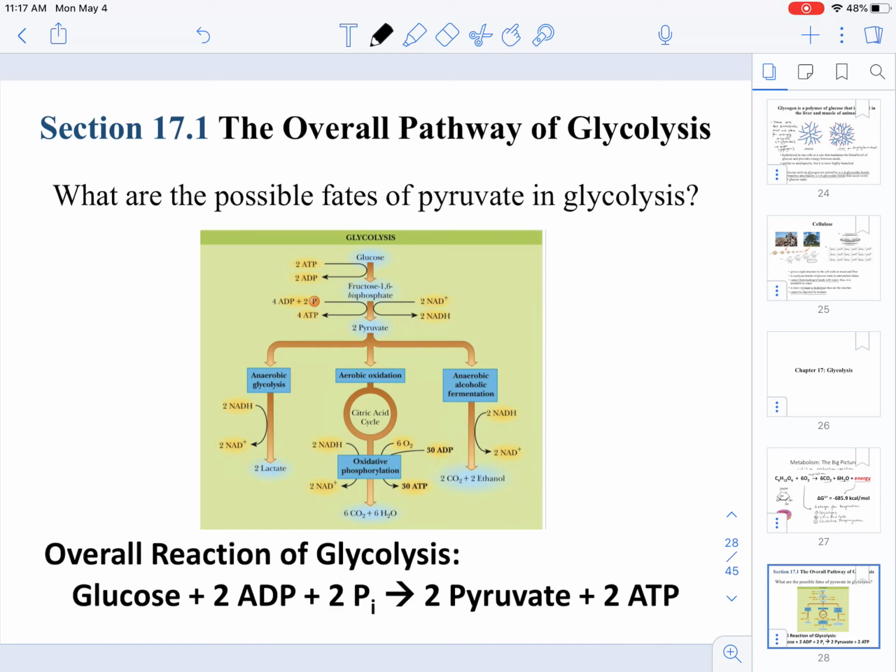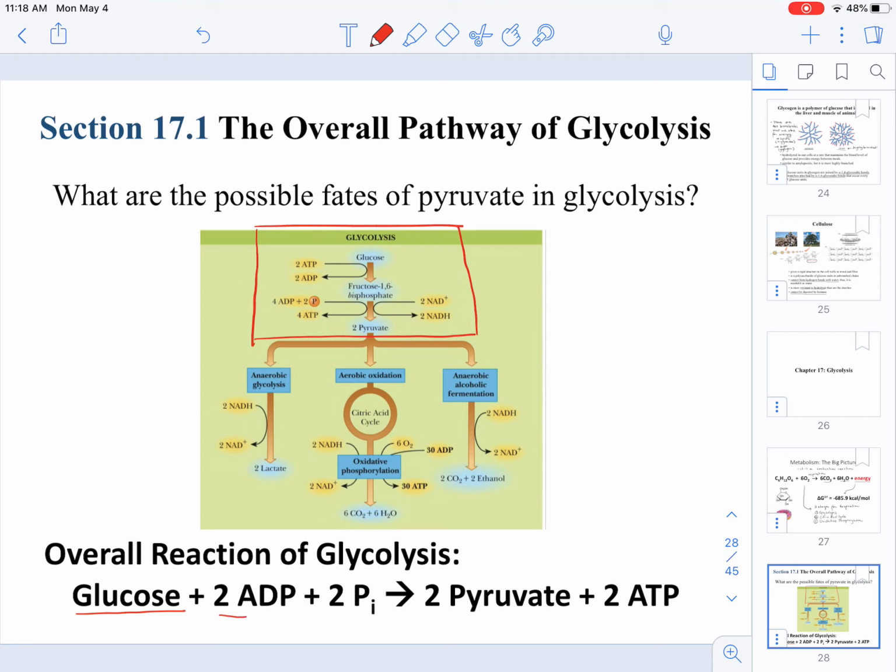Now we are going to be going over section 17.1, which is the overall pathway for glycolysis. So understand that glycolysis is not as a whole the figure that we have in this slide. Glycolysis is just the steps that I have put in this red box. Glycolysis is only the process in which we take glucose.